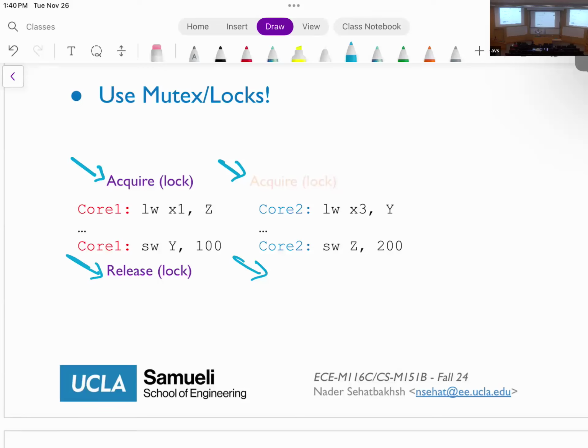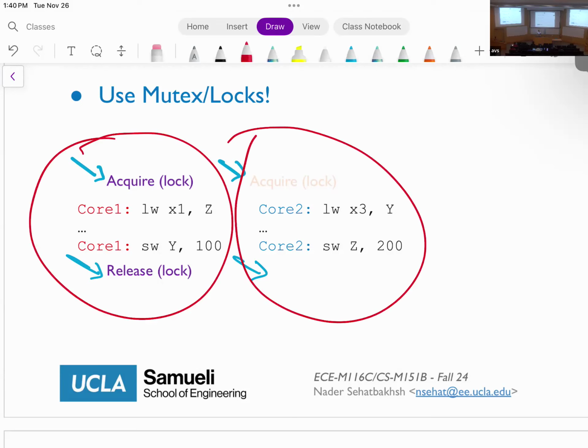What will happen is that only one of these cores at any given time has the lock. Either this one has the lock or this one has the lock. I don't know which one. I cannot guarantee that core 1 is going to get the lock first and core 2 the lock second. But I know for a fact that if this is running, this will not be running.